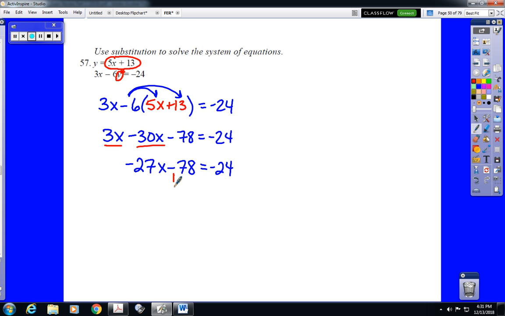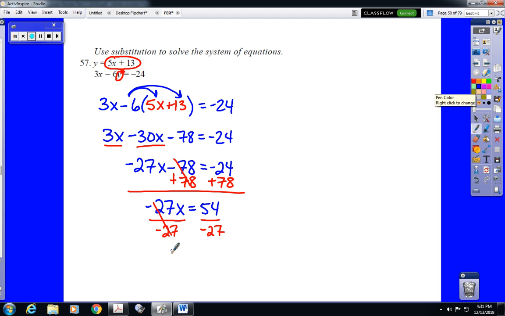That becomes a two-step equation, so we would add 78 to each side, which would give us negative 27x equals 54. And then we would divide by negative 27, which would give us x equals negative 2.